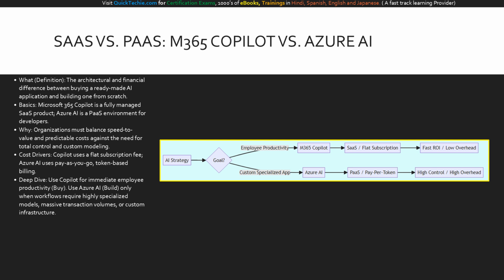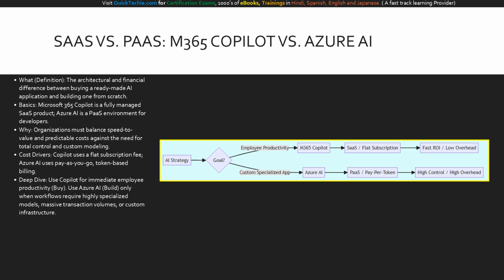The deep dive strategy: organizations don't choose just one. They use Copilot to instantly boost everyday employee productivity and reserve expensive Azure AI development strictly for highly specialized, domain-specific tasks like autonomous fraud detection. Let's review this high-level strategic roadmap. When formulating your AI strategy, your goal defines your path. If the goal is general employee productivity, drafting, summarizing, and collaborating, you route to M365 Copilot.